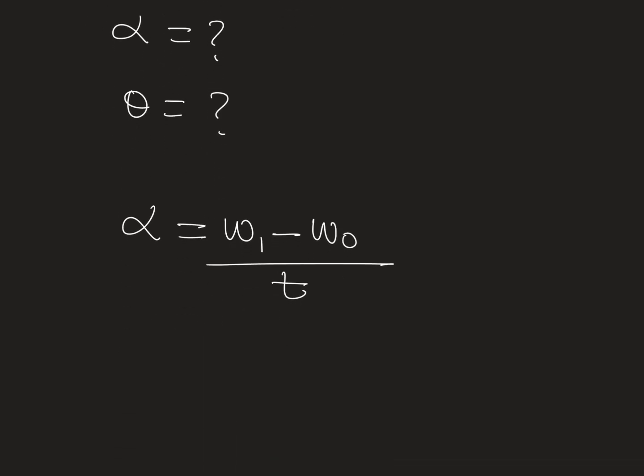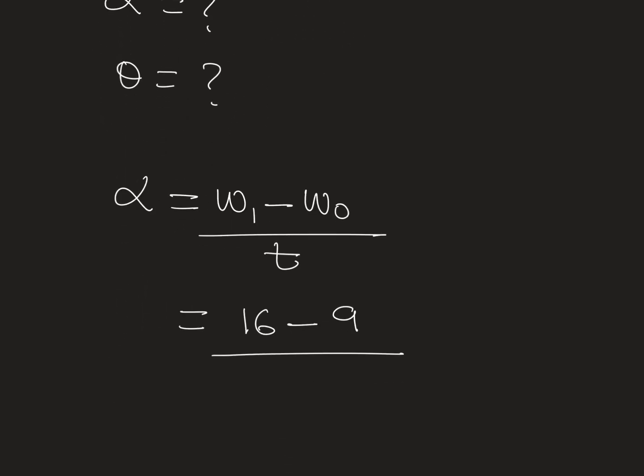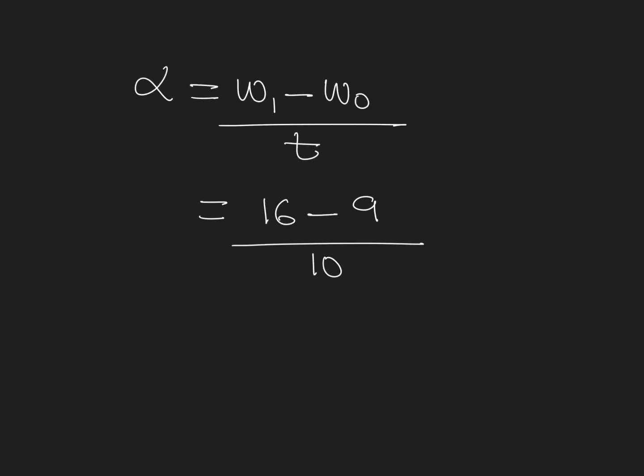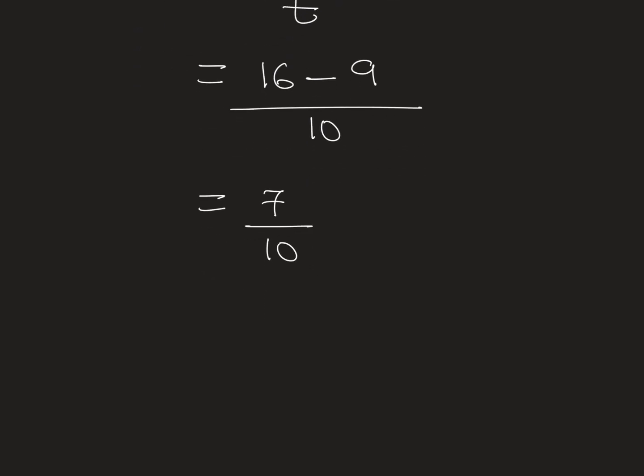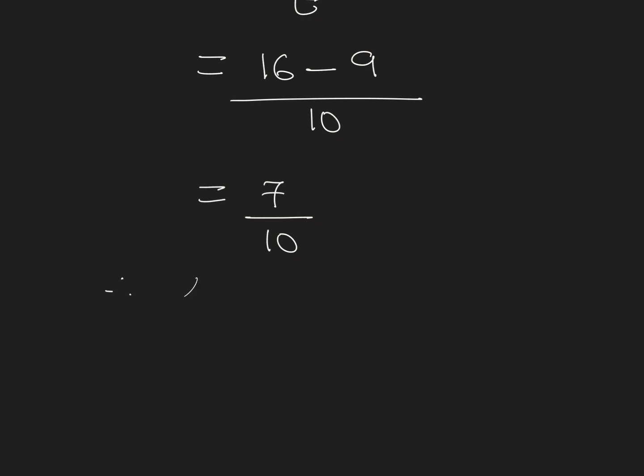So that is 16 minus 9 divided by the time, which is 10 seconds. So 16 minus 9 is 7, divided by 10. Therefore, the angular acceleration is equal to 0.7 radians per second squared.